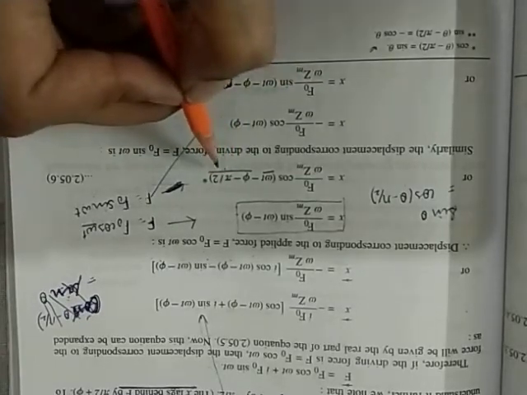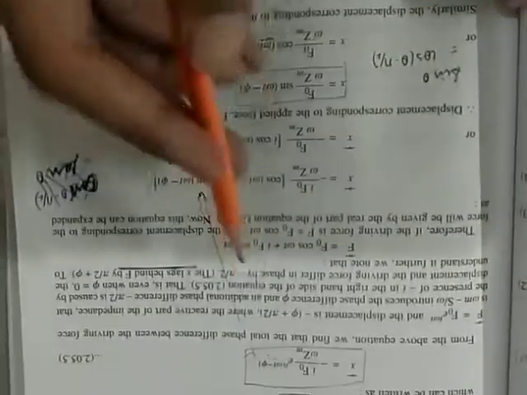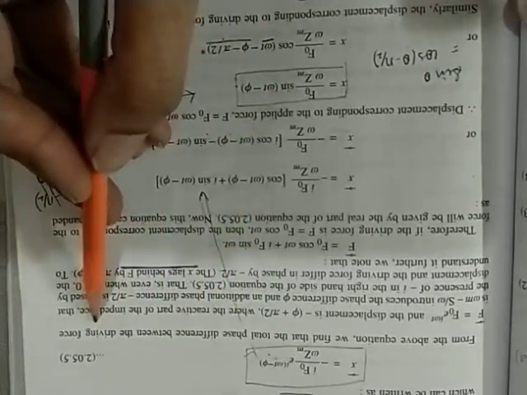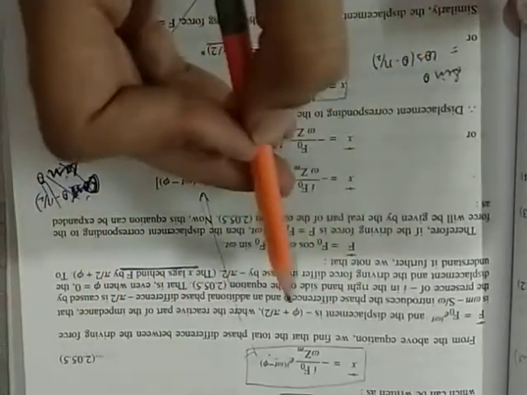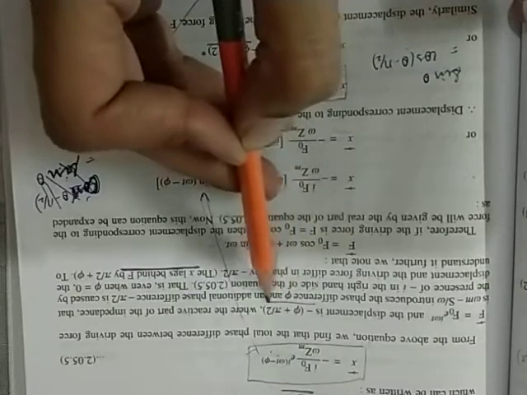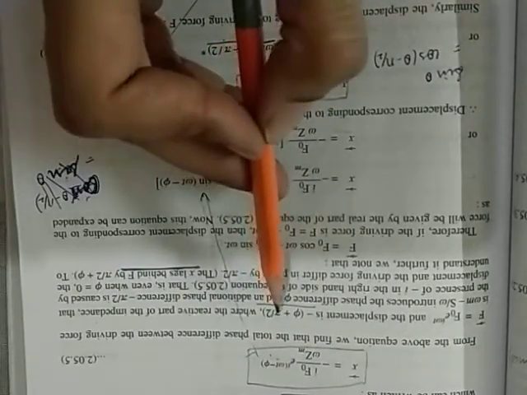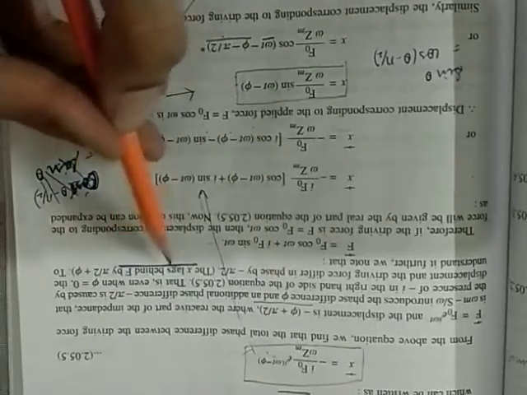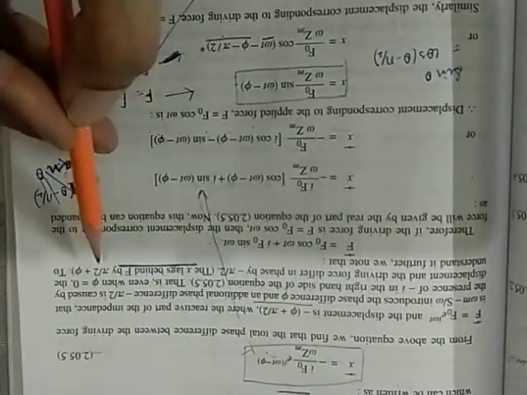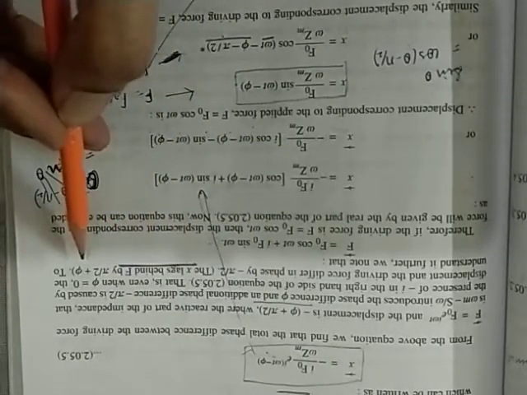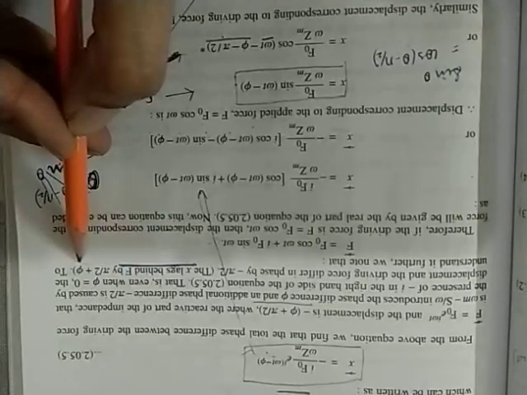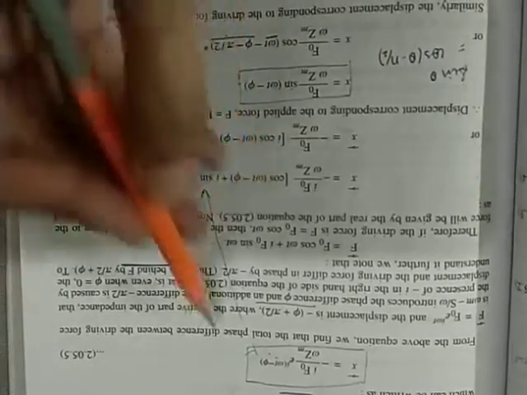So what it means is that the total phase difference between the driving force and the displacement is minus phi plus pi by 2. So x is lagging behind the F by this much of phase. So this is the phase difference, and all the mathematical analysis we have carried out just now.